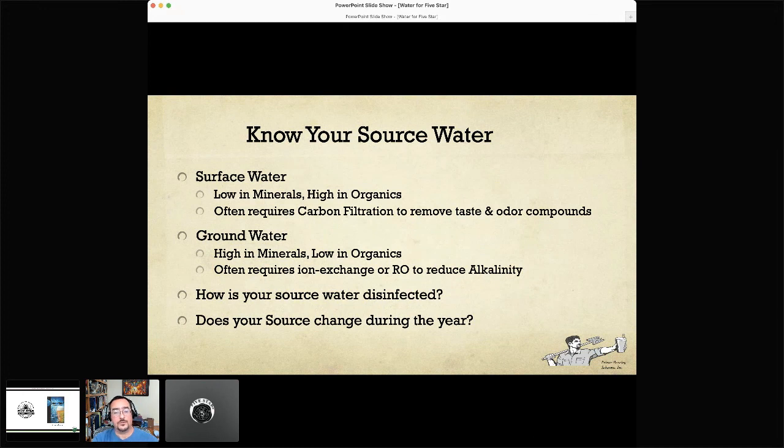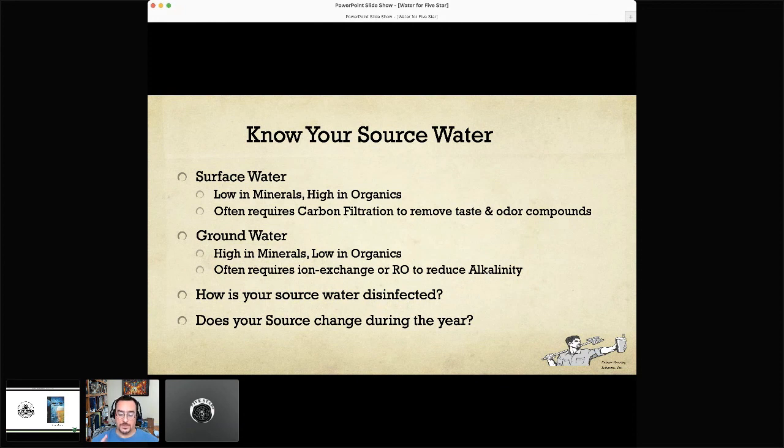It's important to know how your source water is disinfected. Does it use chlorine or chloramine? Chlorine will evaporate while you heat the water. Chloramine will not. Chloramine is chlorine that's been reacted with ammonia, which makes it more stable. The best way to remove chloramine, and chlorine for that matter, from your brewing water is chemically.